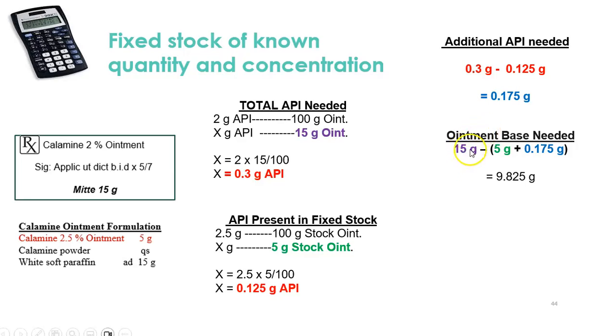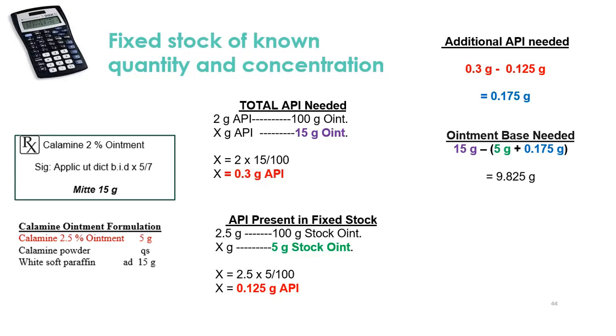So look at it carefully. If we were calculating the ointment base needed, the white soft paraffin, which is to be added up to the 15 grams, remember, we never write a new formula using add up to 15 grams for semi-solids. We always calculate what we need to weigh. A new formula needs to be explicitly clear about what you're weighing and measuring.